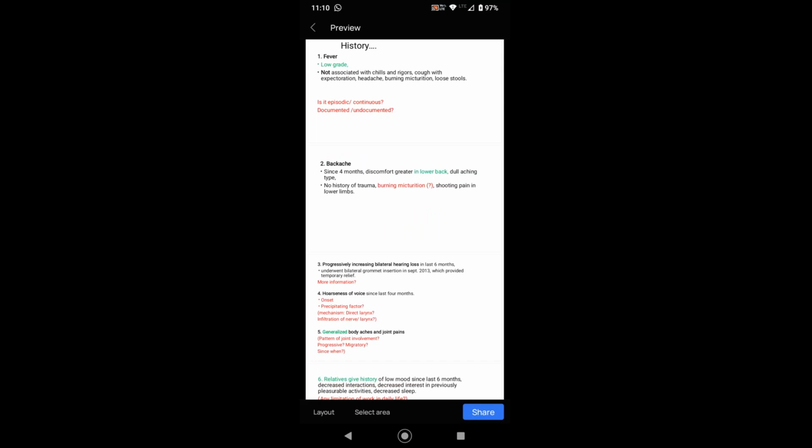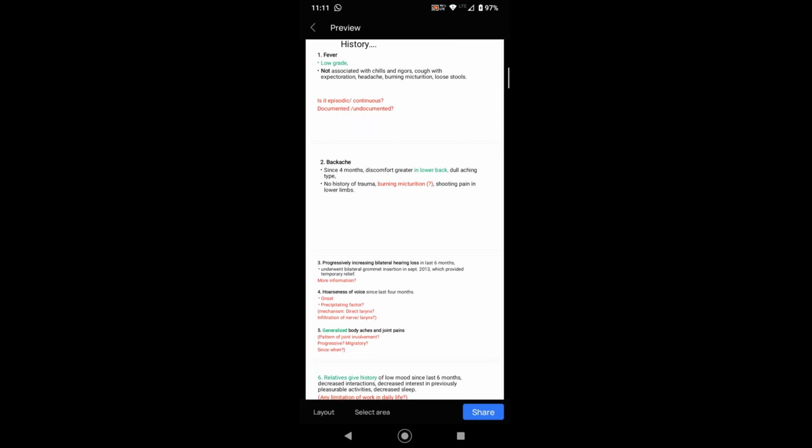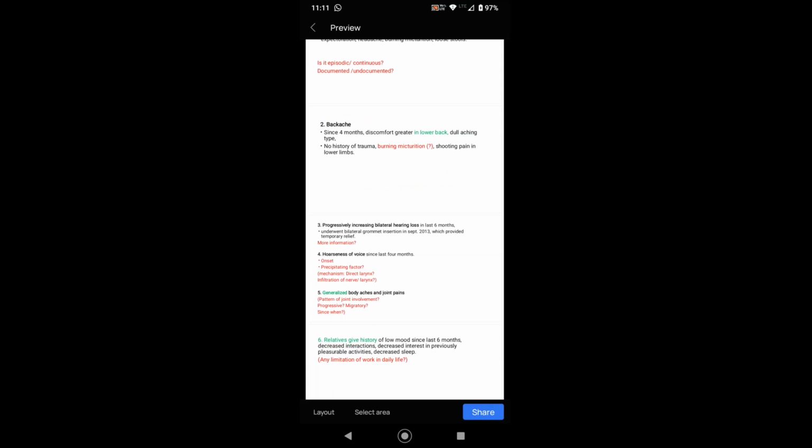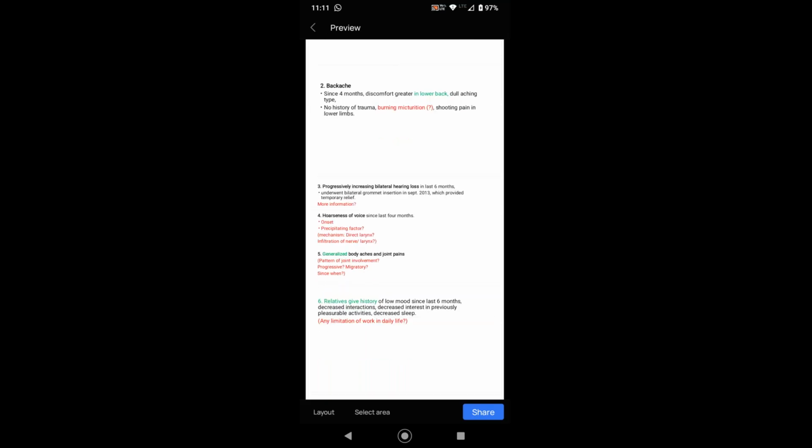Backache since 4 months, discomfort greater in the lower back, dull aching, no history of trauma, burning micturition, shooting pain in lower limbs. Progressively increasing bilateral hearing loss in the last 6 months, underwent bilateral grommet insertion in September 2013, which provided temporary relief. Hoarseness of voice since last 4 months, and generalized body aches and joint pains.